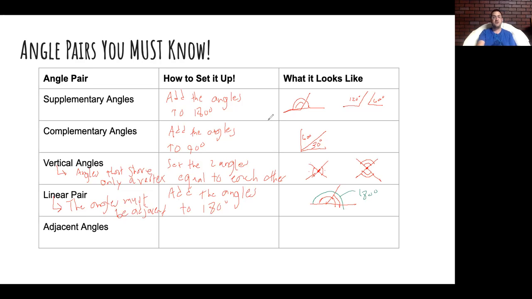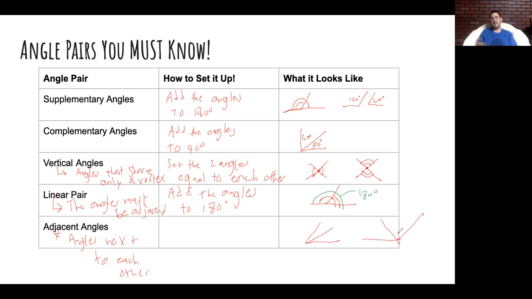And then adjacent angles just mean angles that are next to each other. These are just random angles that are next to each other, and I'm going to draw a few different types.